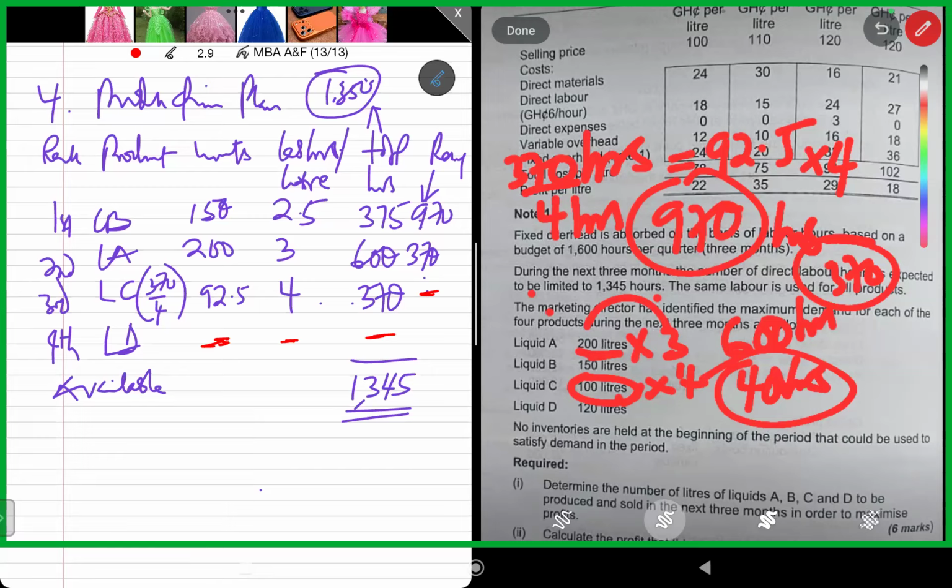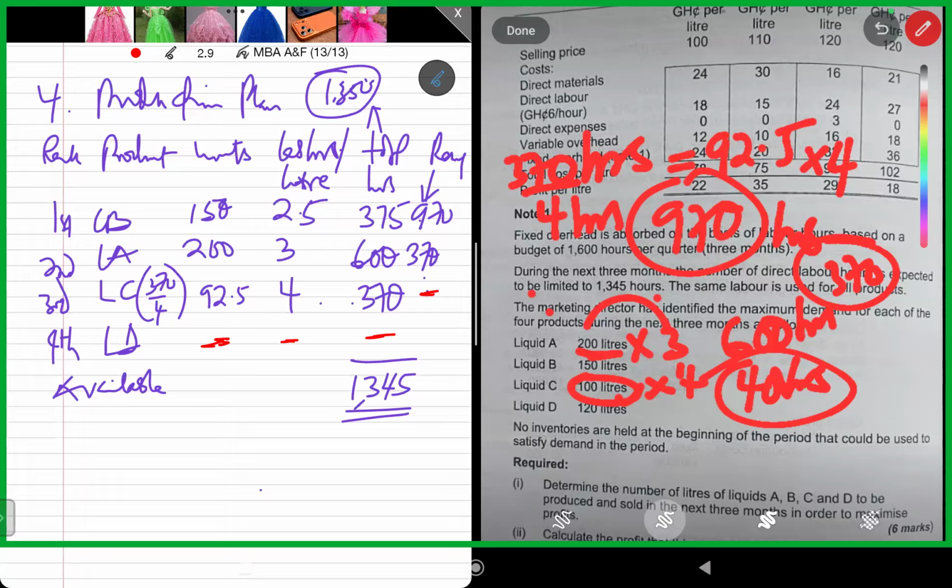So the highest first, followed by the second, followed by the third, and liquid D will not be produced. It will save us money rather than producing a portion of liquid D, liquid C, liquid B, liquid A.